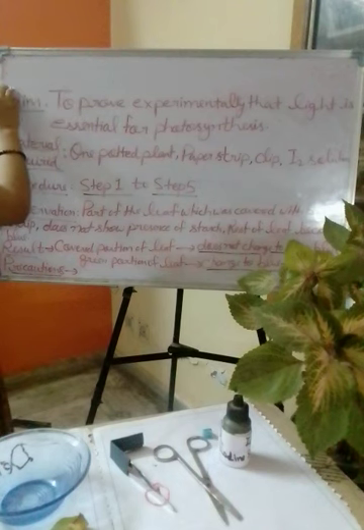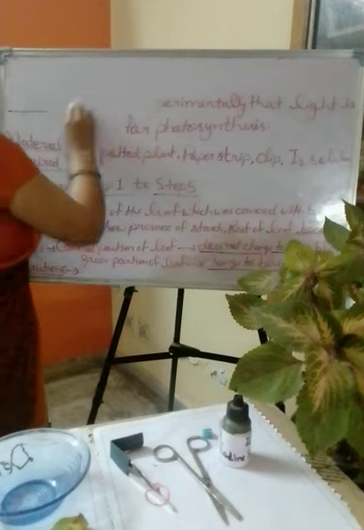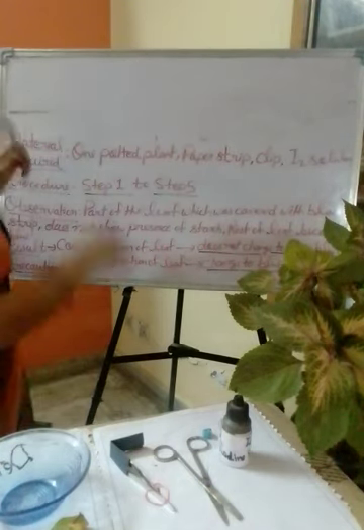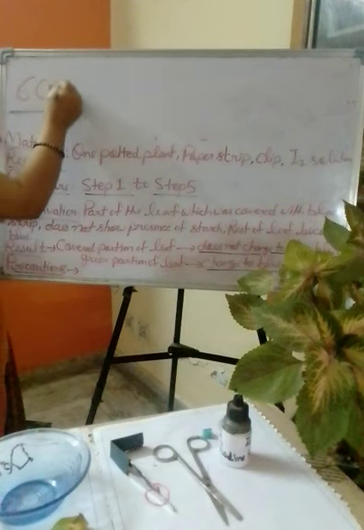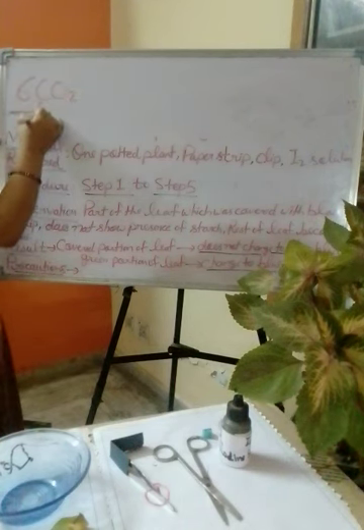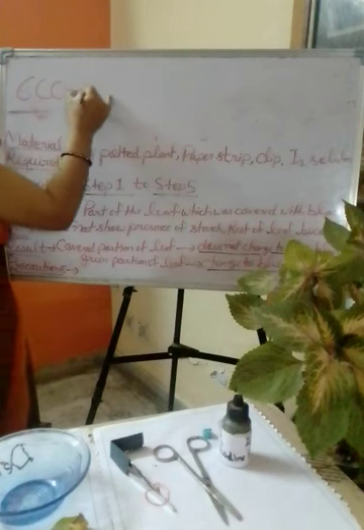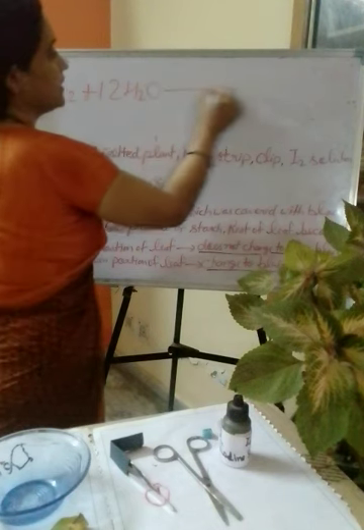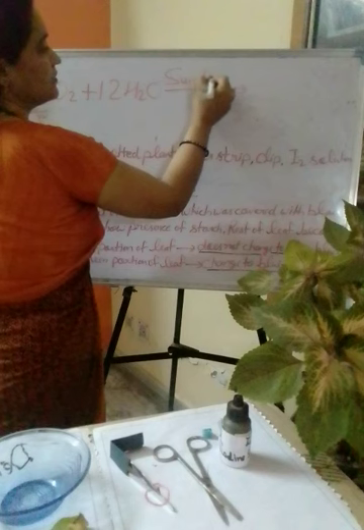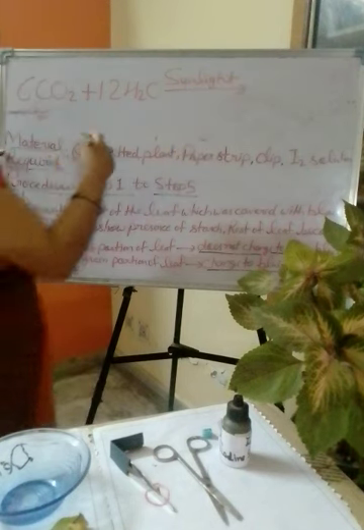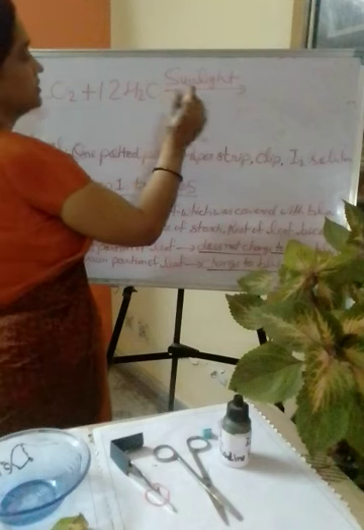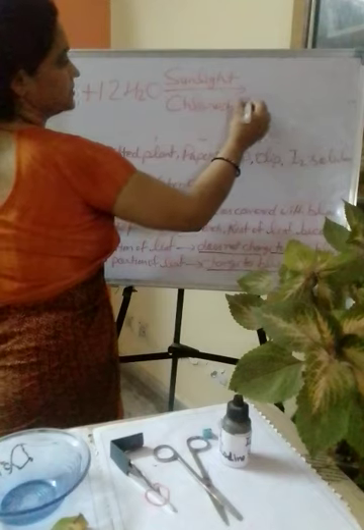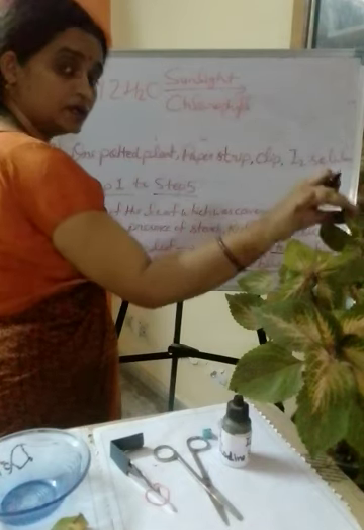Now, 6CO2 is coming from the atmosphere plus 12H2O from soil, and in the presence of sunlight, which comes from the sun, and chlorophyll present in leaves.